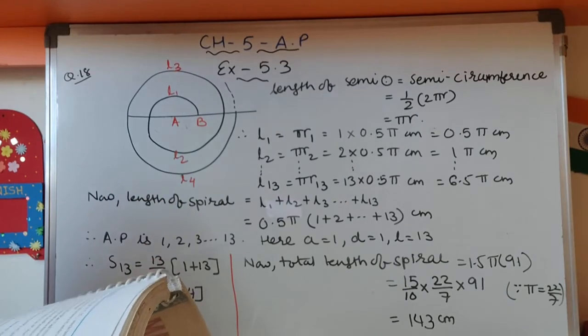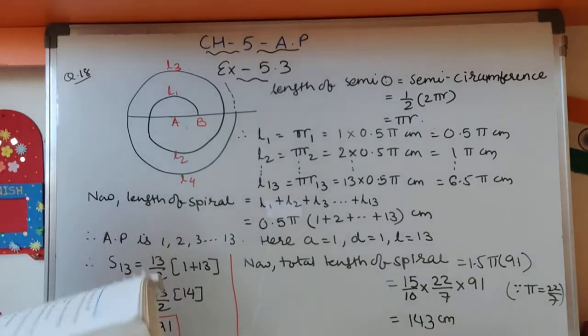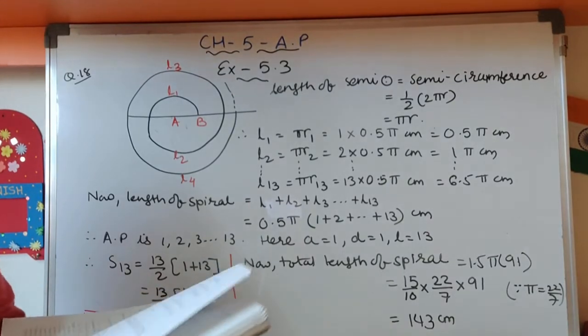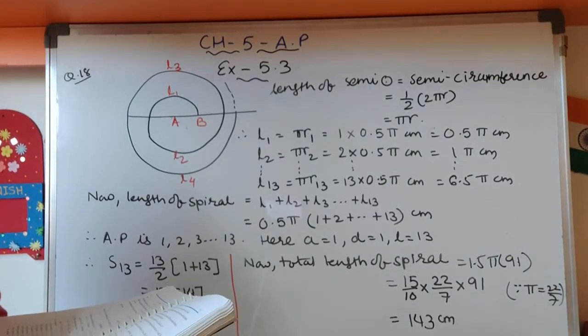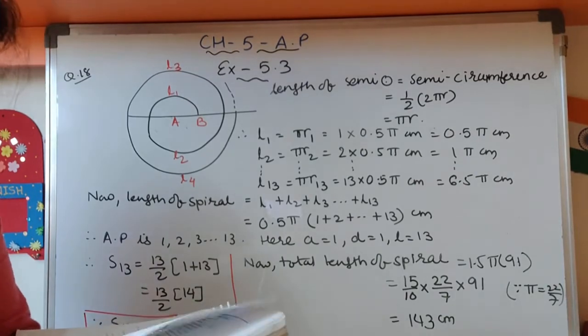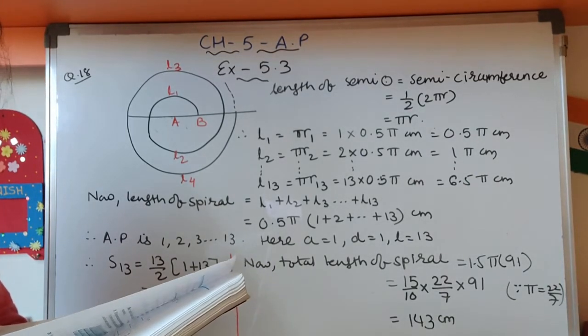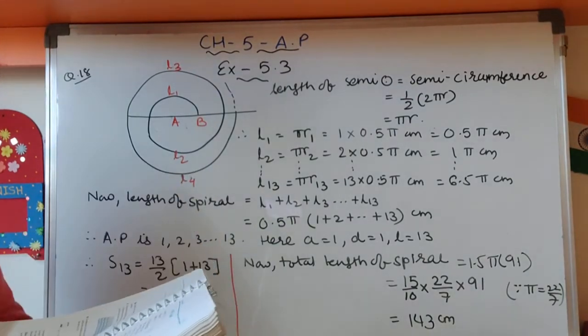Okay, and what is the total length of such a spiral made up of 13 consecutive semicircles? 13, it means the number of terms given here is 13, and what is the total length? For that we have to find out sum.